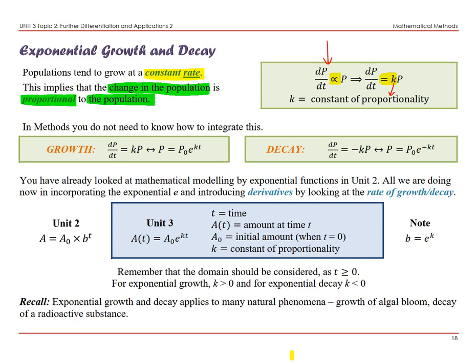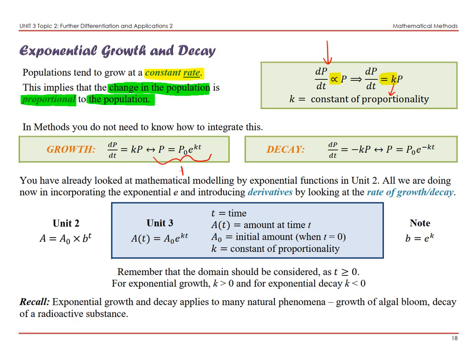So it means that dP/dt is equal to some constant multiplied by the population. Now, in Methods, you don't need to know how to integrate that, so how to go from dP/dt = kP to P. You just need to know that dP/dt = kP leads to, if we were to integrate both sides, P equals my initial population times e to the kt.